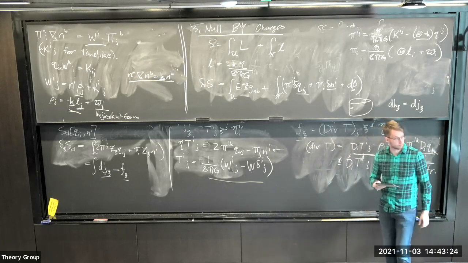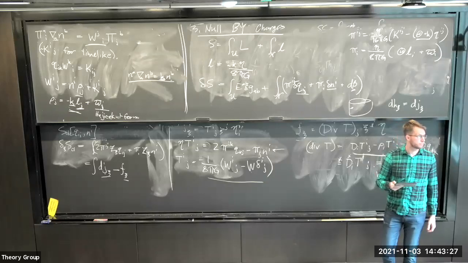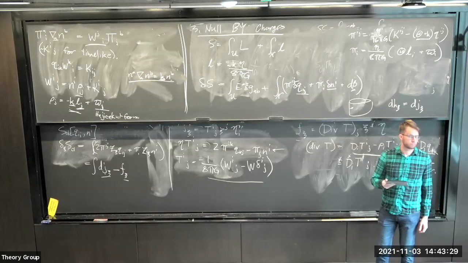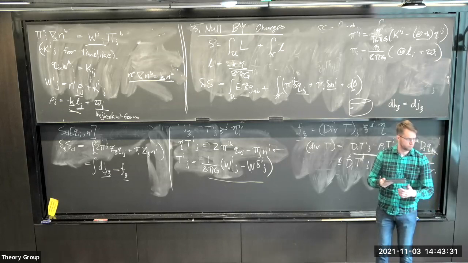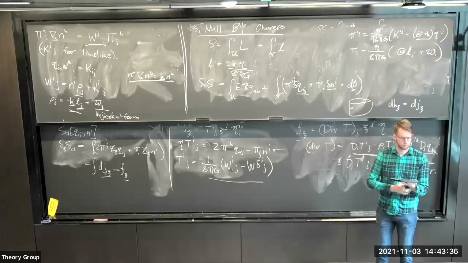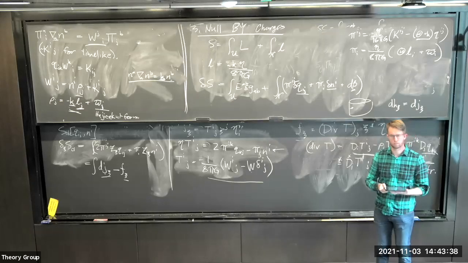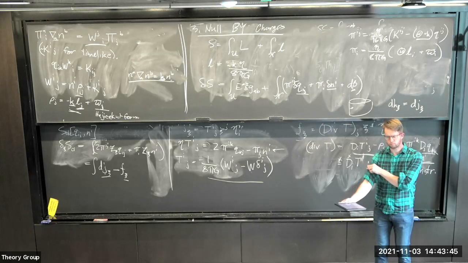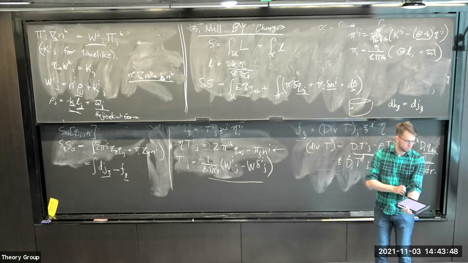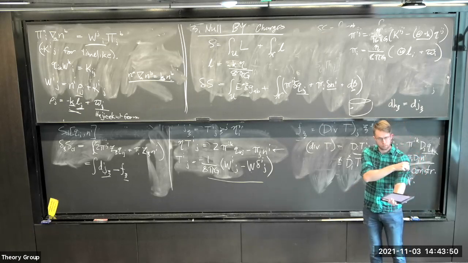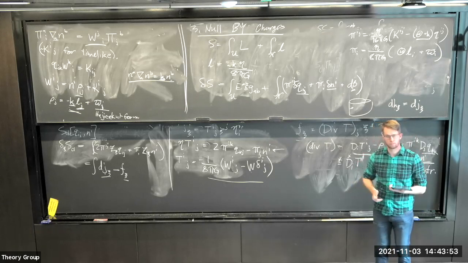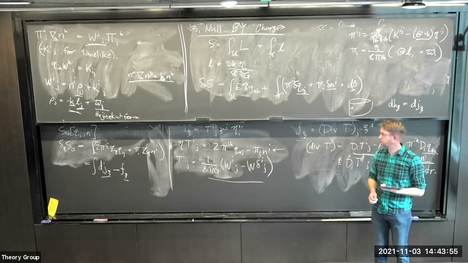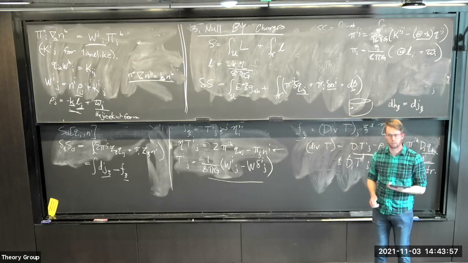I'm still confused as to how I'm supposed to think about these charges in the situation where the surface is at some finite position. What is it that they're measuring? They're not globally conserved, right? Right, you should expect them generically not to be conserved.